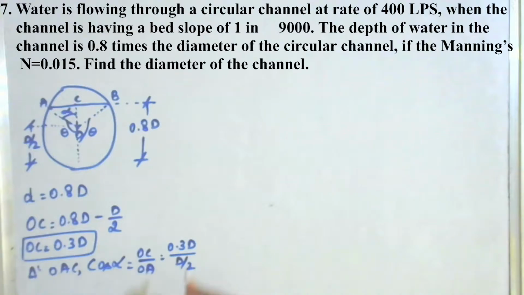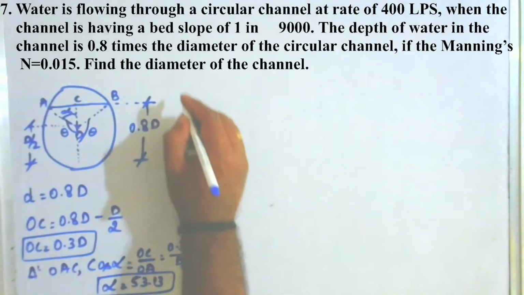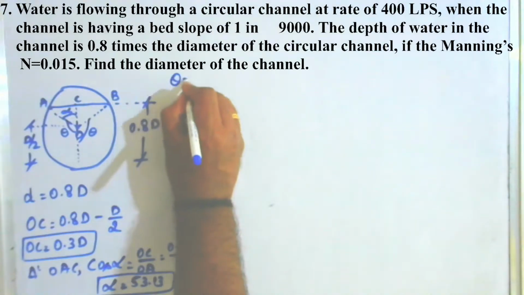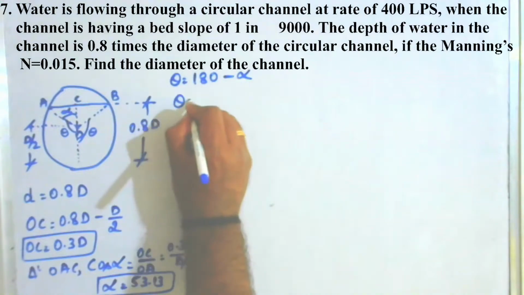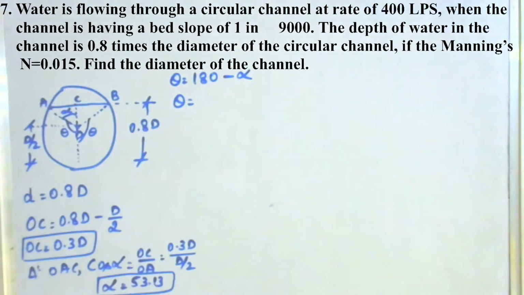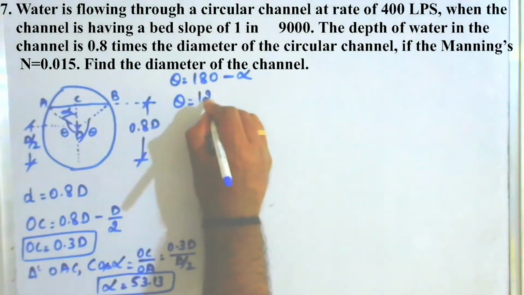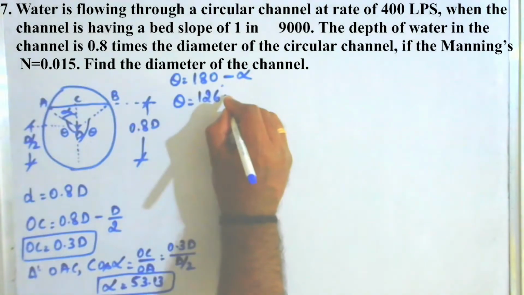If you simplify, you will get the angle alpha equal to 53.13 degrees. From the sketch, it is clear that theta is equal to 180 minus alpha. You know the value of alpha, so 180 minus 53.13.